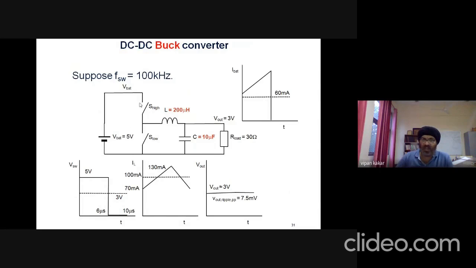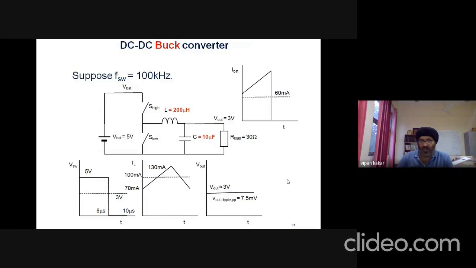And this job is done by the controller to make sure that these switches go on and off alternatively at 100 kilohertz speed. So to make it 100 kilohertz, using the same formulas which we derived earlier, we can calculate the value of inductance and capacitance.